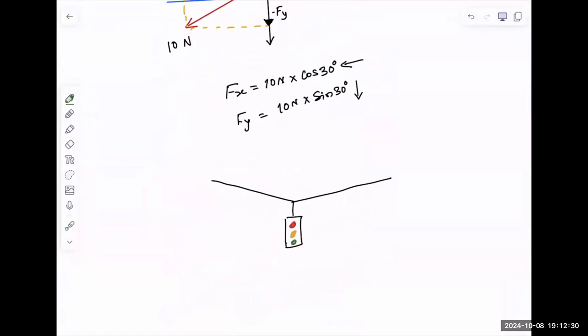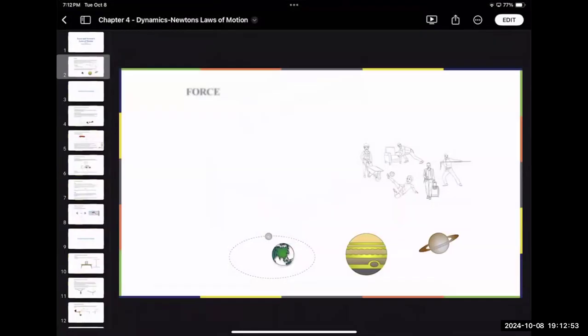In these conditions, there are poles here, connected. In this case, the tension is the force that is acting along this string. So no matter what, there is always a force along the string, and that is called tension.